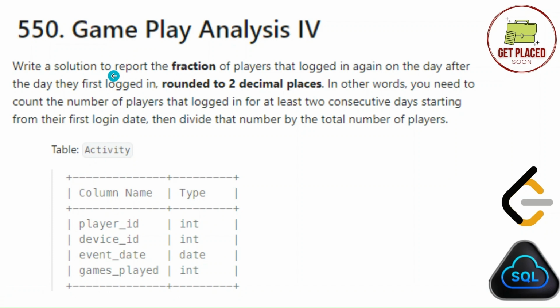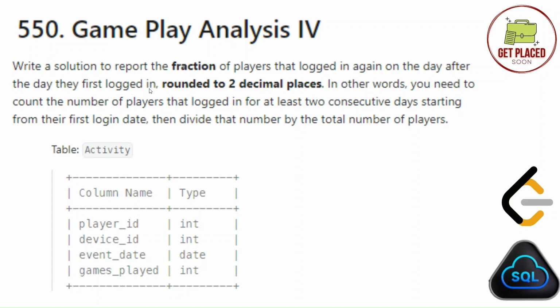We are supposed to write a solution to report a fraction of players. So the output value will be in terms of fraction. What we are going to output is the players who logged in again on the day after the day they first logged in. For example, you enrolled into some kind of activity area and you went there on the second day also.